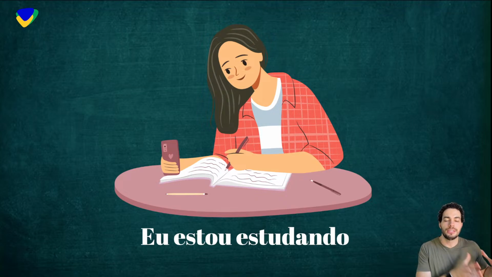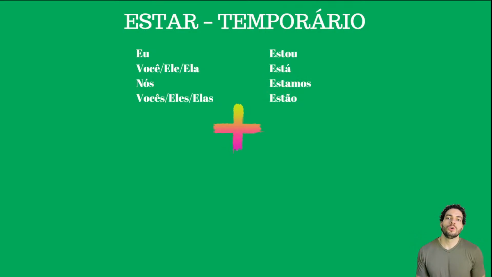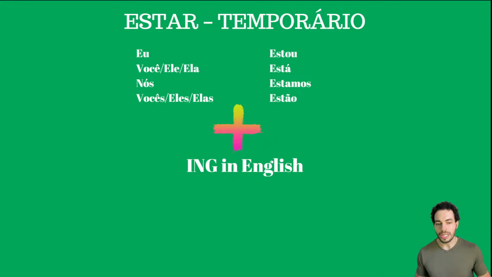That's fine. Estar for temporary situations, right? Ser, permanent, estar, temporary. Now, we're going to see how to combine estar, temporary situations, with the ing English verbs. For example, working, traveling, thinking, studying, sleeping.